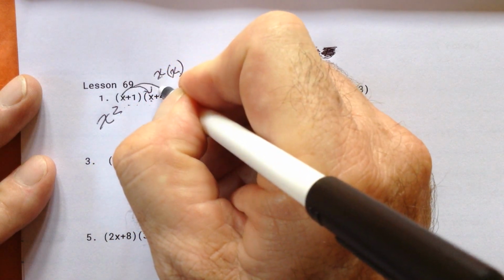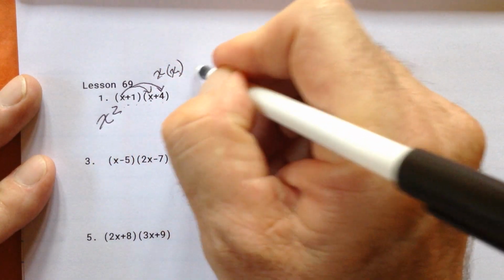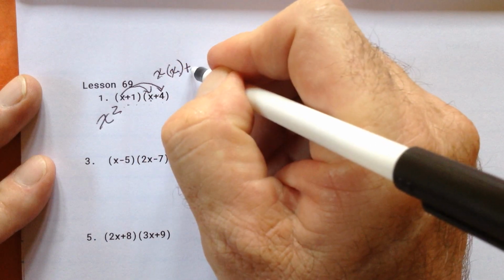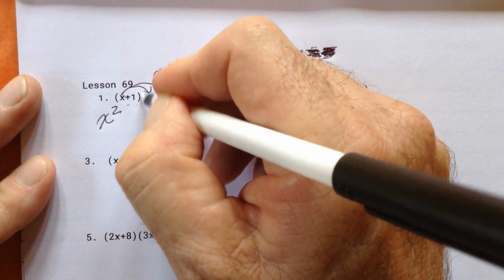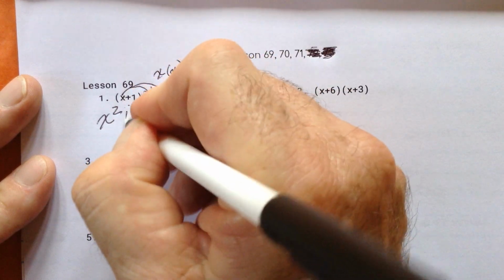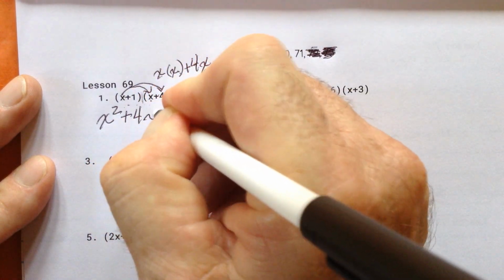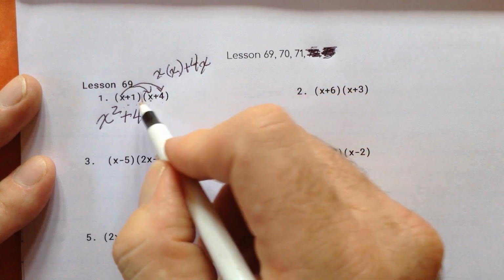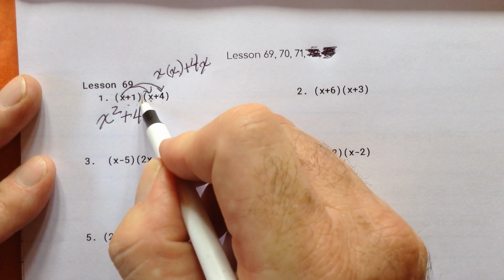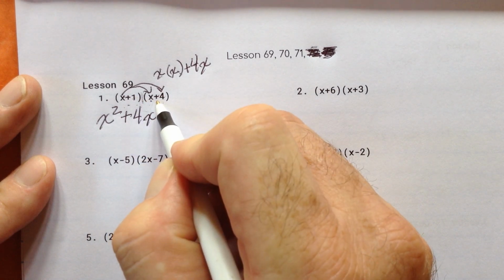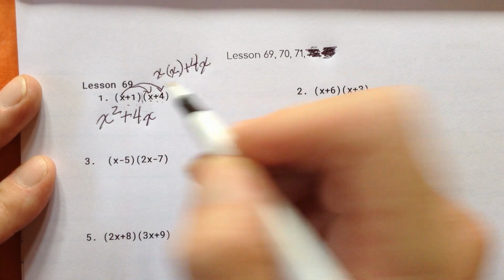And then I got to take the x and go to this 4. So that'll be plus 4x, 4 times x. Remember, I'm multiplying here. So this will be plus 4x. Then I have to do the same thing here. I got to do the 1 times the x and the 1 times the positive 4.